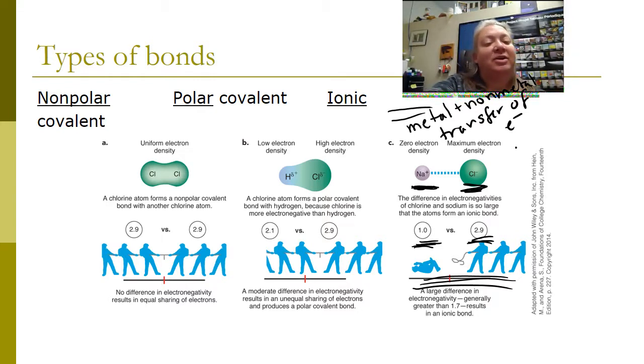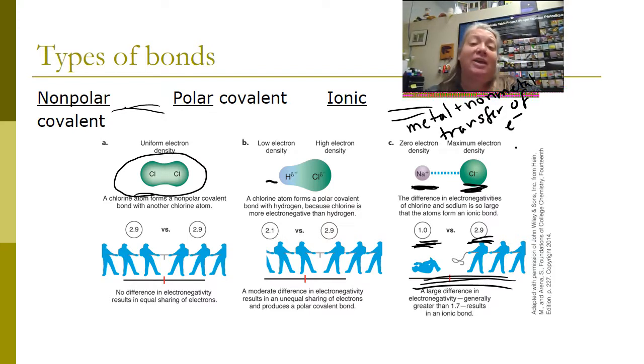Now we're going to go to the other side of the spectrum. The other side of the spectrum is our non-polar covalent. So these are going to share electrons, and they share them very equally. Everything's the same. Usually these are going to be our diatomic molecules, which is actually what it's showing. It's showing 2 chlorine atoms. So here's my 2 chlorine atoms. And if you look at that, there's an area that's shaded in between them. That's called an electron density map, and it tries to show where the electron is likely to be. If you notice, it's very evenly distributed.